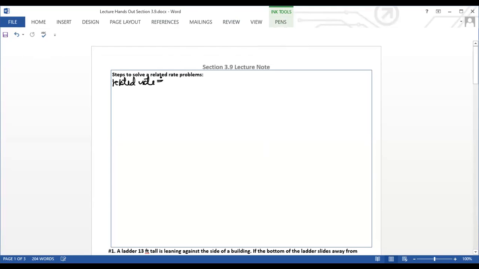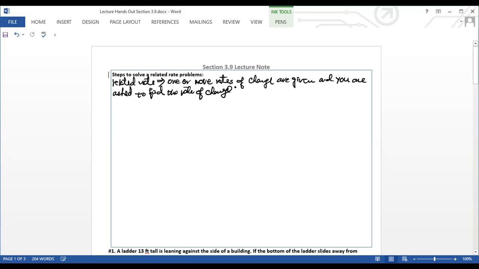So it's an application where you have one or more rates of change given, and then you're asked to find the rate of change of some others.